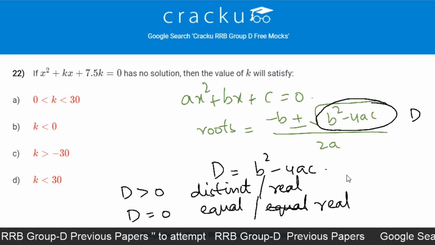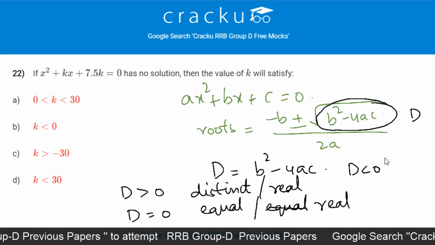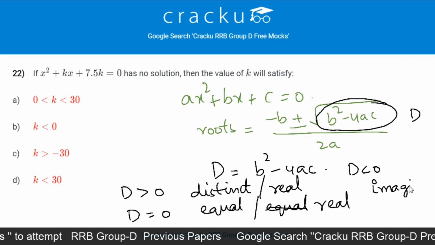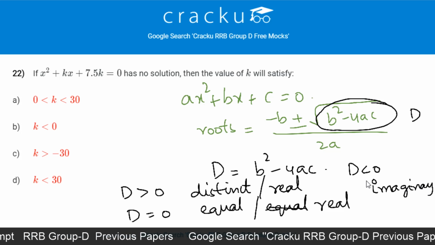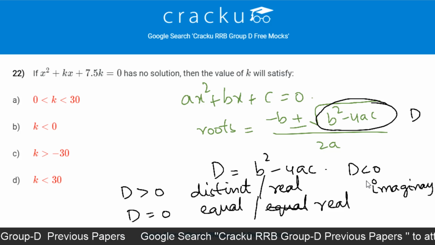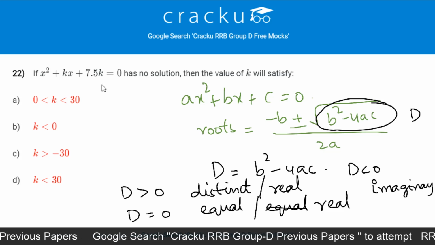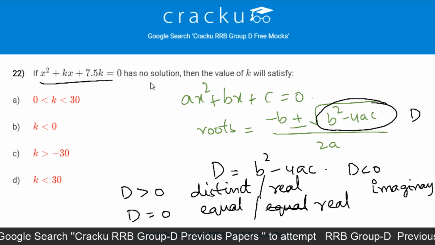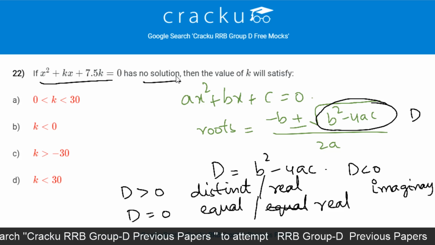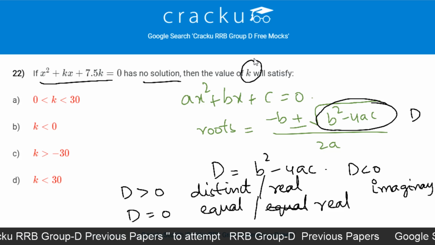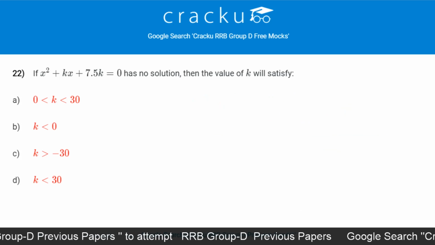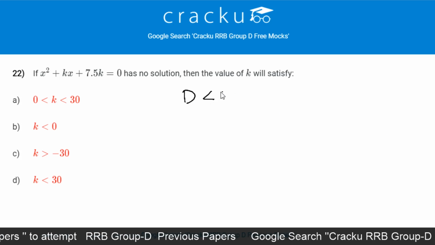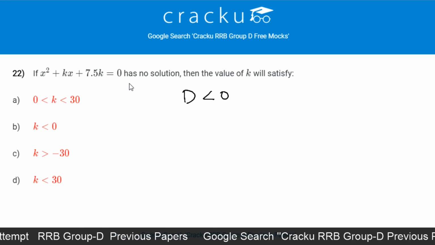If D is less than 0, roots are imaginary, that is, no real roots. So if you see here in this question, it is given that this equation doesn't have a solution and we need to find the value of k. So that means discriminant is less than 0 for this equation.